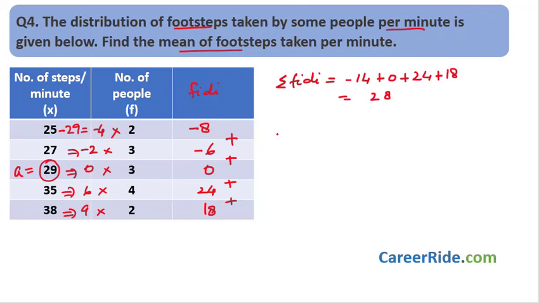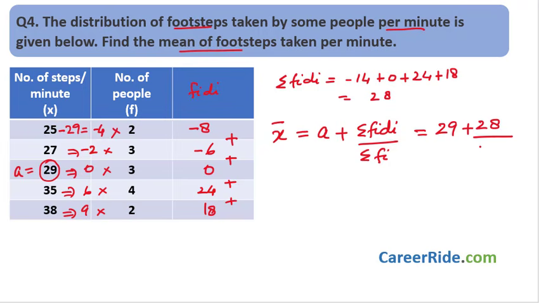Now what is the value of mean for me? X bar is equal to assumed mean plus sigma fidi divided by sigma fi, the total frequency, total number of people. Assumed mean for me was 29, plus sigma fidi, which I have got to be 28, divided by sigma fi, the total number of people.